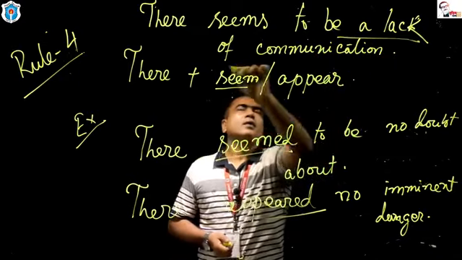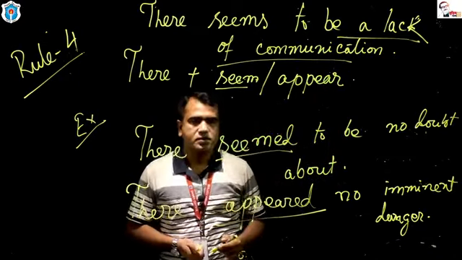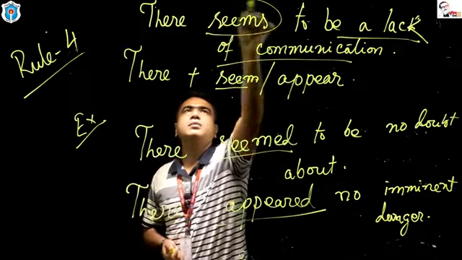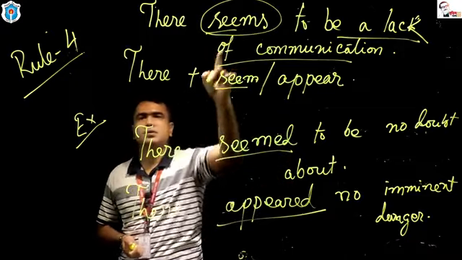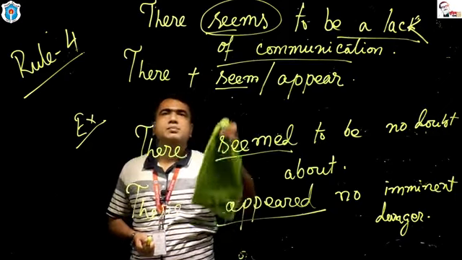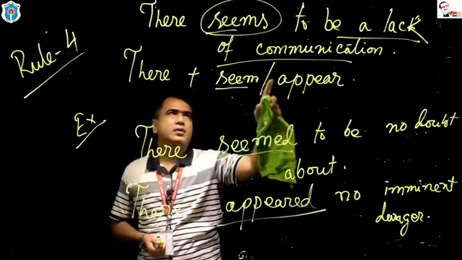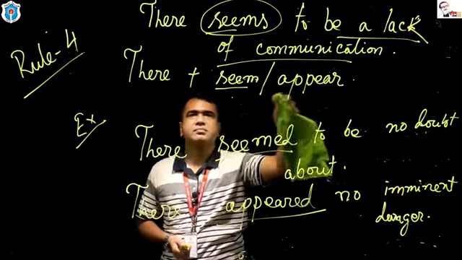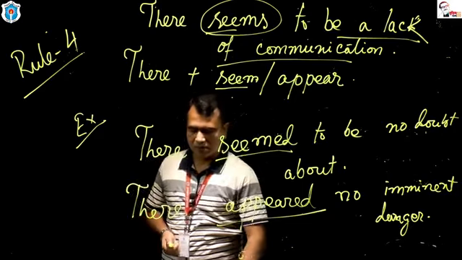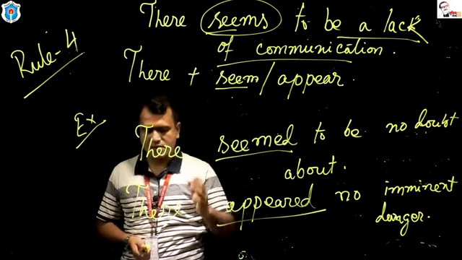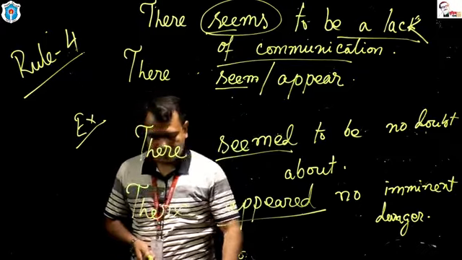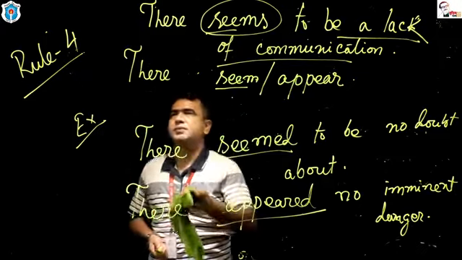When the subject of introductory there is singular, then our verb will also be singular. We have used seems according to the rules of present tense, and the subject is third person singular, so we have used there seems. We can use there seem, there seems, there seemed, there appeared, there appears in any form of present and past.